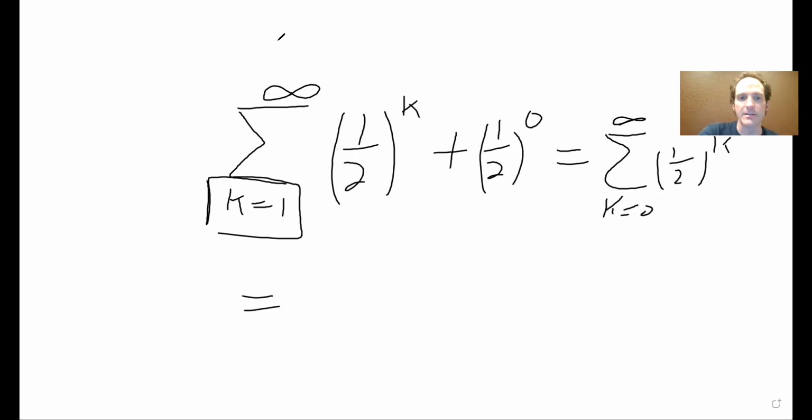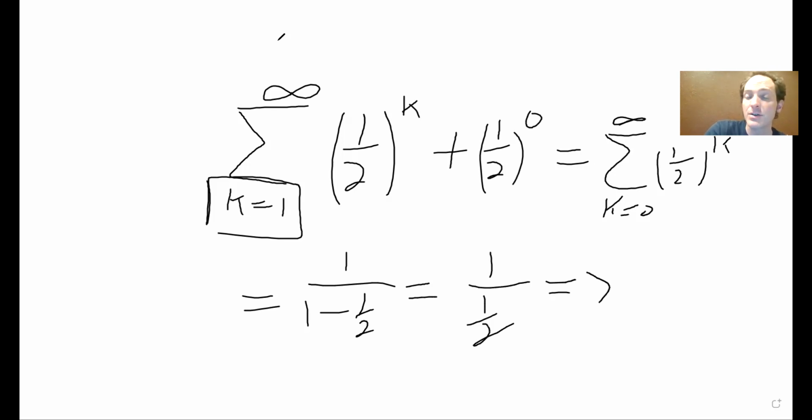According to our formula here, this is just 1 over 1 minus 1/2. And 1 minus 1/2 is 1/2. So this is 1 over 1/2, which is just 2. But I added 1 to it. And so screwing in the light bulb, I've screwed it in once because I've got twice, but I have to subtract off that 1/2 to the 0 term again, right? And so that works out. Cool.